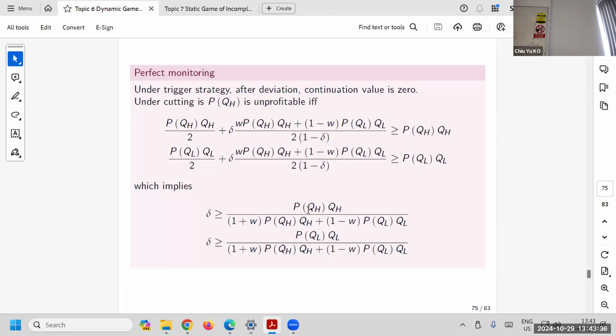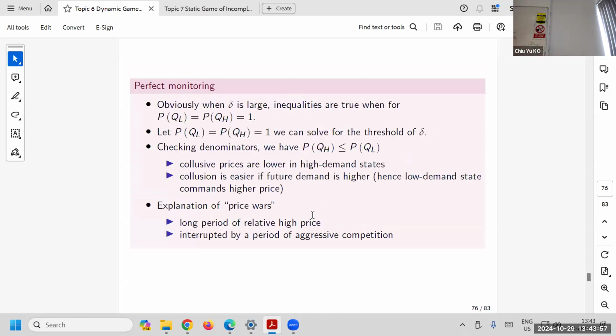To make this one lower, although it's higher, this one's lower, and this one reduces, right? So that's how you get the inequality satisfied: you reduce this guy, keep this guy, okay? And you still are making the highest profit you can get. That's why I have that, right? You can still keep QL as 1, but you have to reduce in order to satisfy the delta inequality. Is that clear?